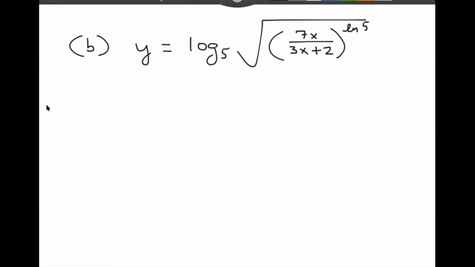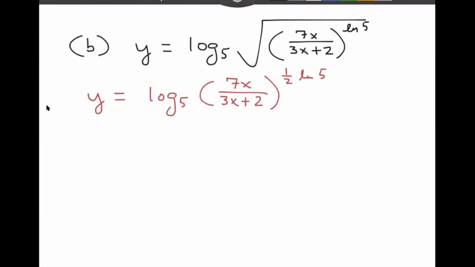So first of all, square root is 1/2 power. So why don't we write this as log base 5 of 7x over 3x plus 2. And then we can just make this exponent 1/2 natural log 5.